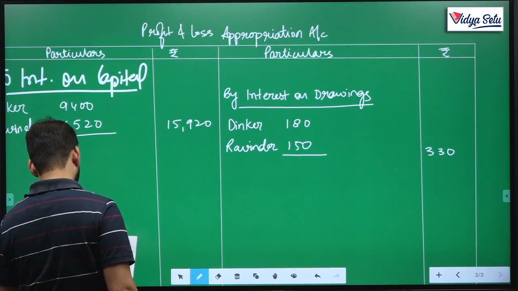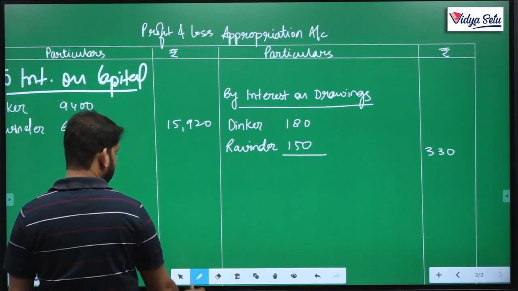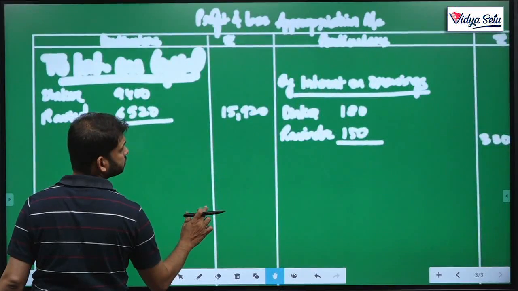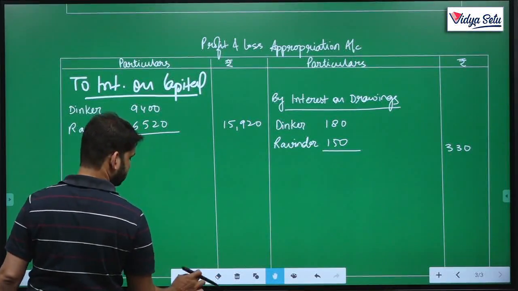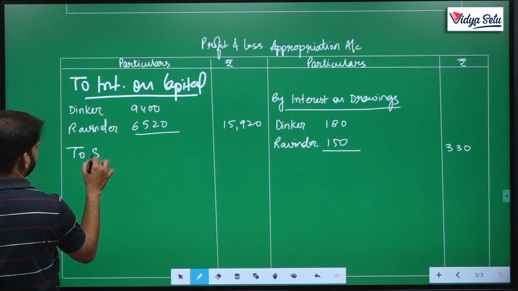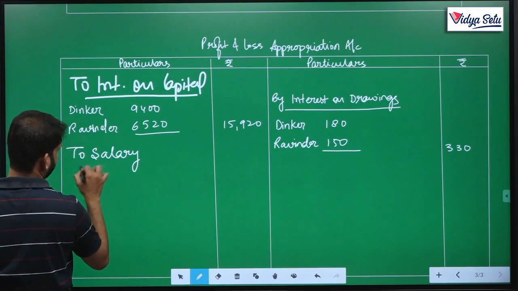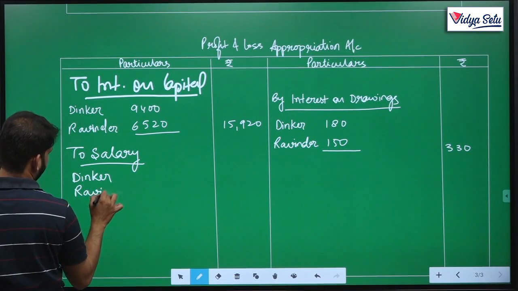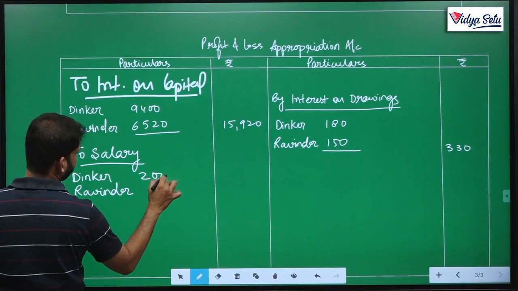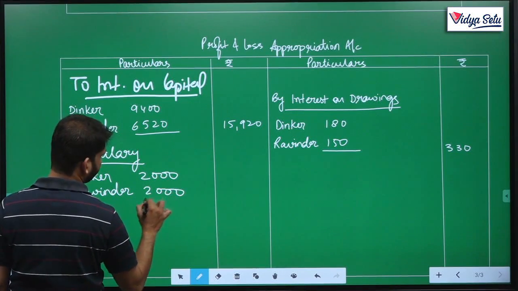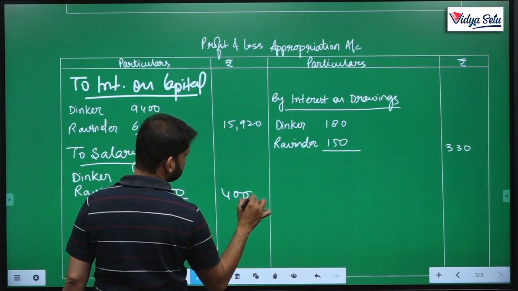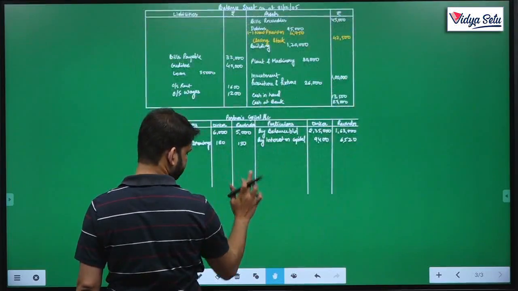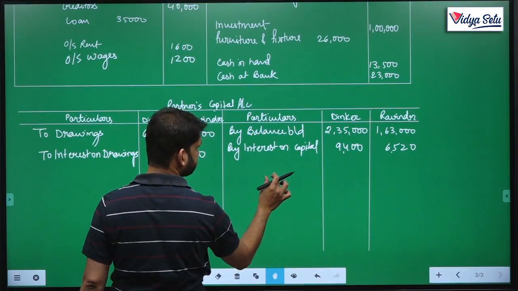Next thing is Dinkar and Ravinder are entitled to a salary of 2000 per annum. So salary to partners in P&L appropriation, please, because it's the amount which we are giving to the partners also in their capital account.